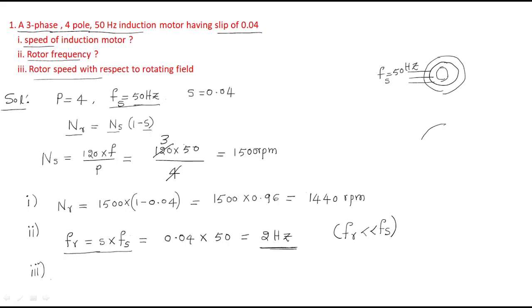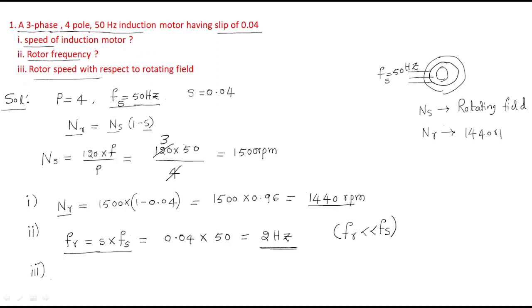Whenever we give the supply, the stator magnetic field is always rotating, the rotating field having the speed of synchronous speed, Ns. But what is the rotor speed here? The rotor speed value is Nr equal to 1440 rpm.